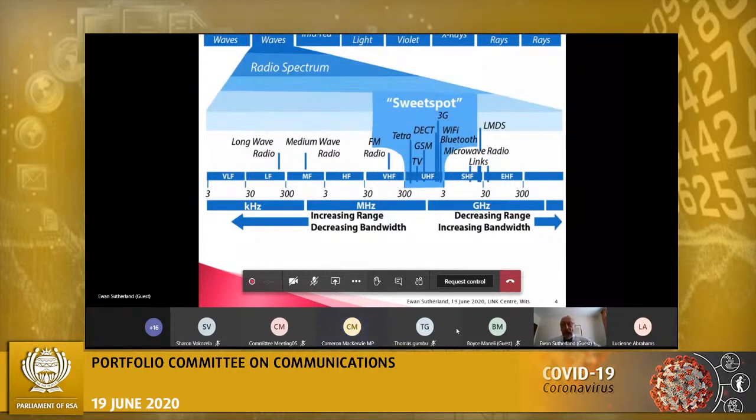As it says there on the bottom, increasing range at lower frequencies, decreasing range at higher frequencies. And you have what is described there as the sweet spot, which we come back to as high demand spectrum. You can do all sorts of things, some of them at even higher frequencies in optical, lower in purely electrical. And over many, many years, new applications have been found for these.